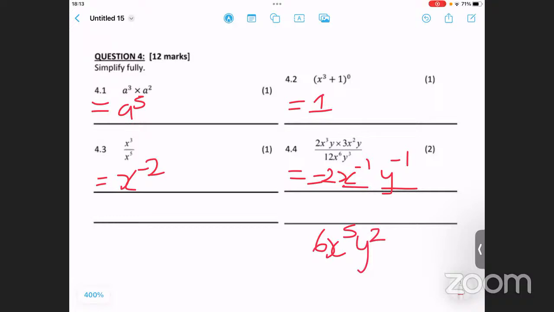Then I divided that by 12x to the power of 6 and y to the power of 3.